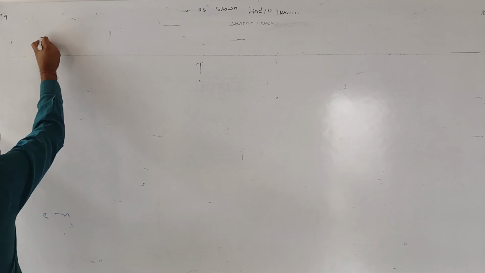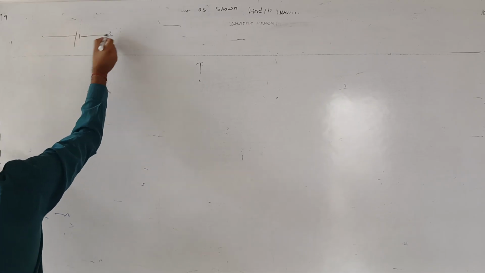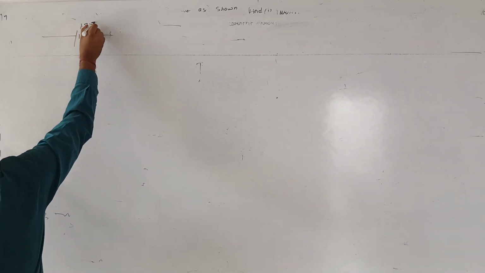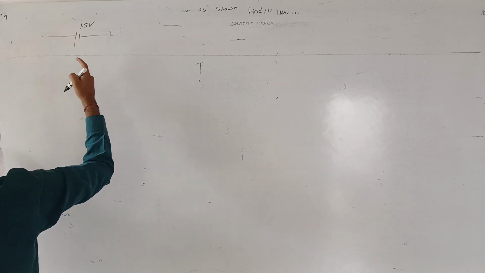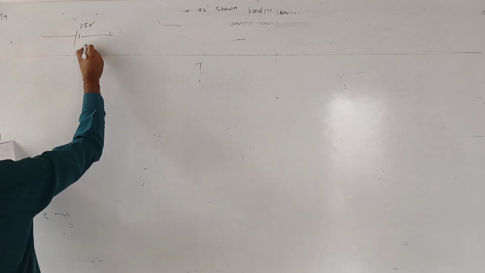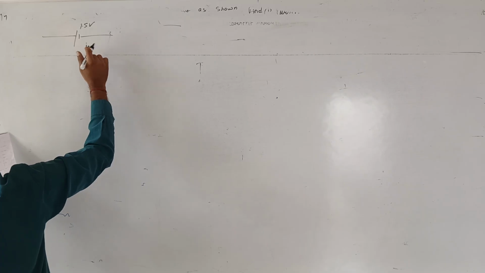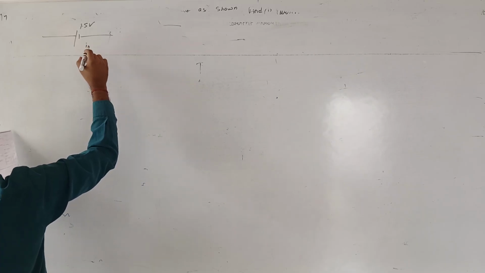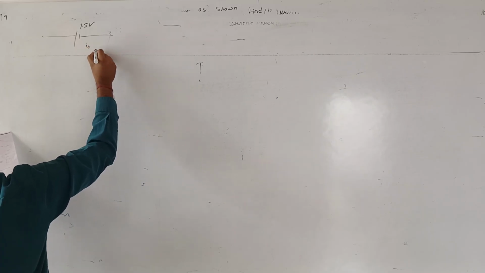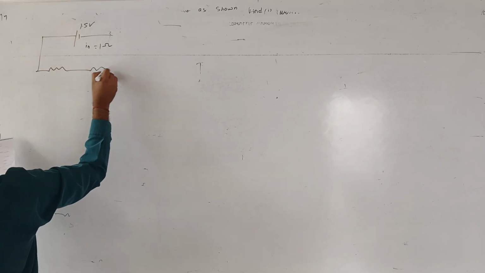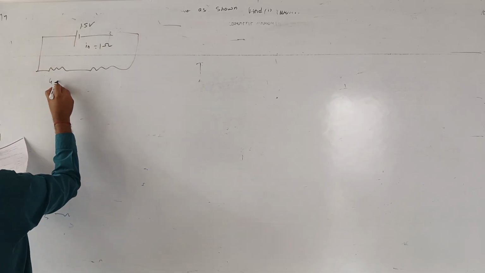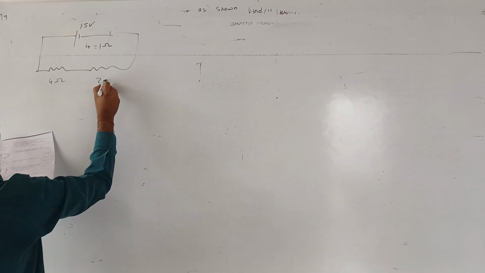So we have a battery whose EMF is 1.5 volt, and also we have an internal resistance of 1 ohm, and we have two resistances which are in series. These are 4 ohm and 20 ohm.